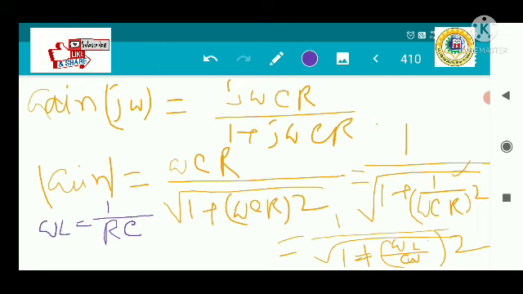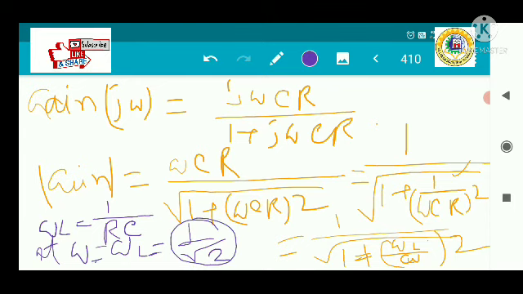At omega equal to omega L, that means the lower cutoff frequency, your gain is equal to 1 by root 2. That we have already studied: the maximum gain is 1, and whenever the cutoff frequency comes into the picture, the gain is reduced, divided by root 2.